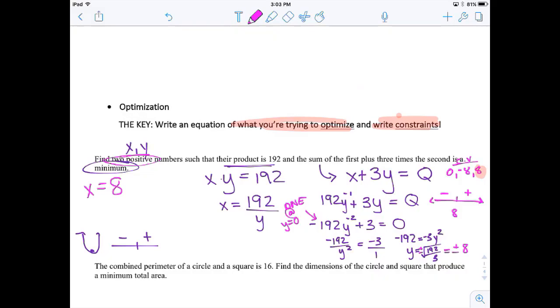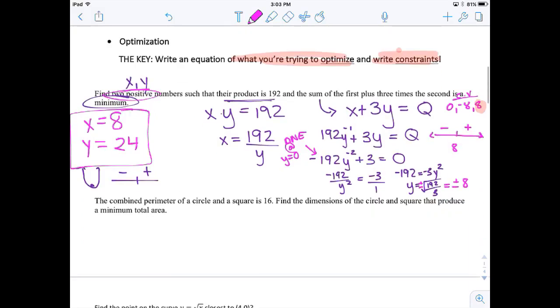And then the second number would be 192 divided by 8, or you could plug it into the other equation, and that would be 24. So there are my 2 numbers. So remember, an optimization problem is really just a min-max problem where you need to find your critical values and then check that you actually change signs.